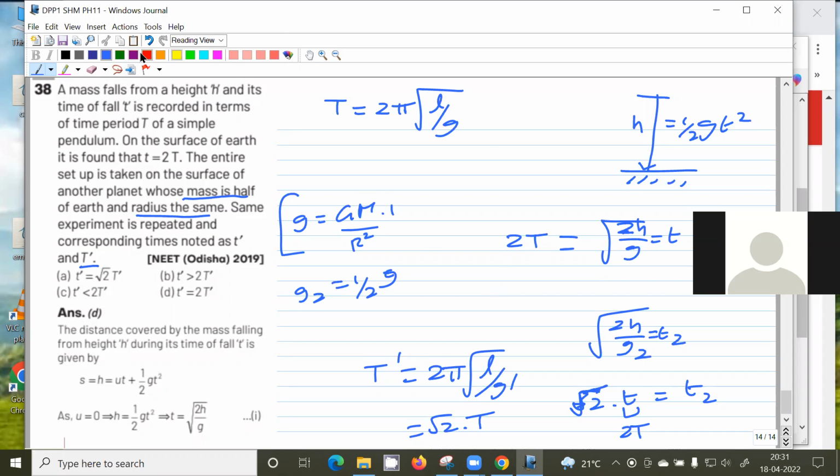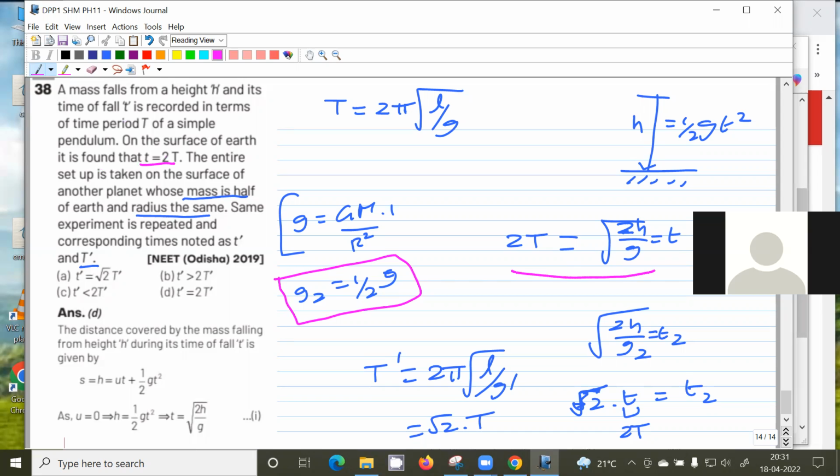You getting the answer? See, this is correct now. Yes, sir, this is correct. And then T is square root of 2h by g, and this T is going to be 2T. This is also correct.